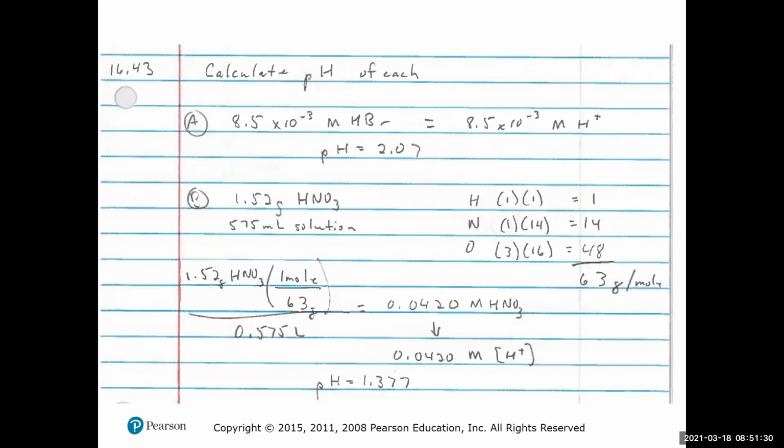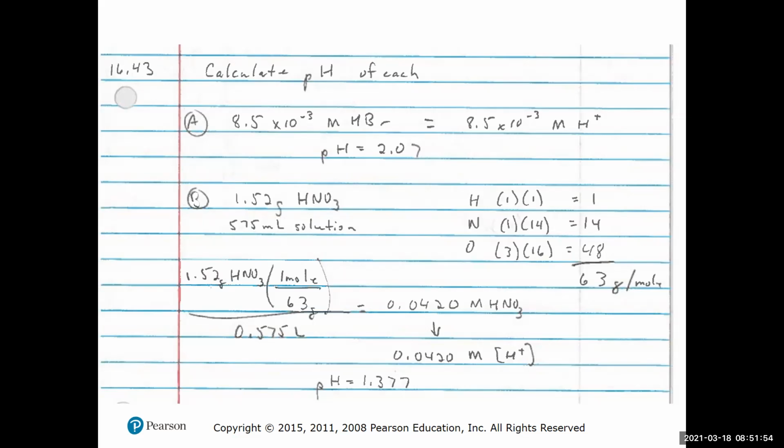These other problems in 16.43 are really the same thing, but what you're being asked to do is think back to stuff we learned a while back, hopefully you're remembering, about what do I need to do to get information into molarity.